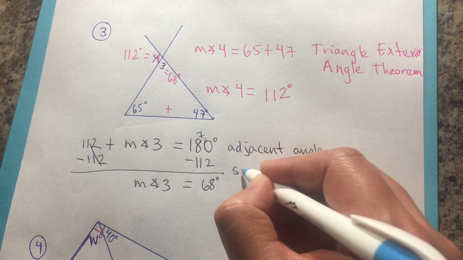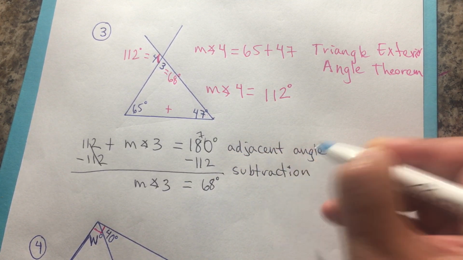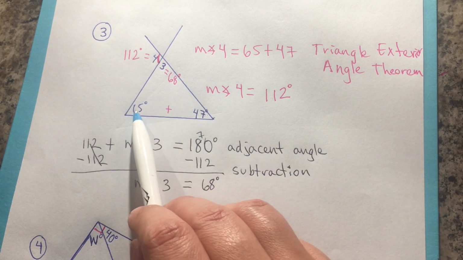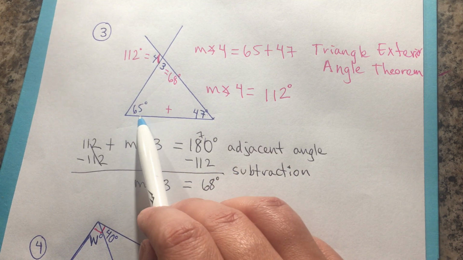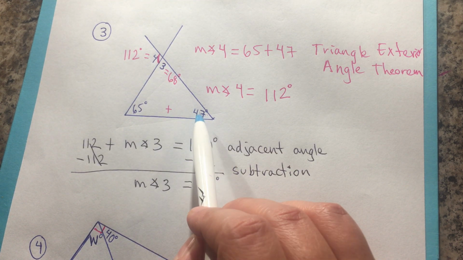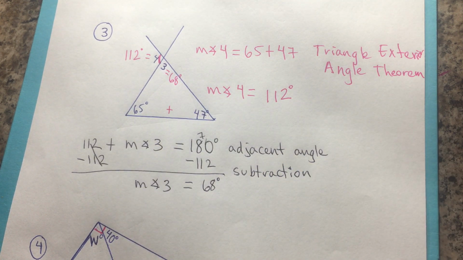And in here, subtraction property. Go ahead and try adding the measurement of angle 3 plus 65 plus 47 equals 180, and subtract after you simplify to see if you get the same answer. You should.